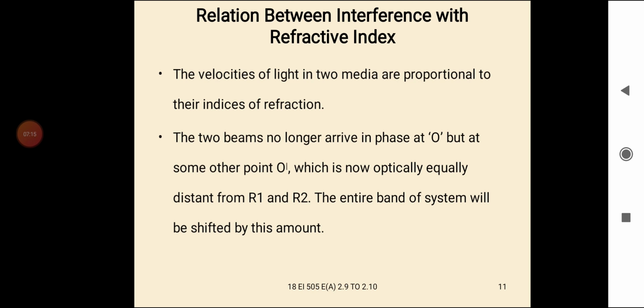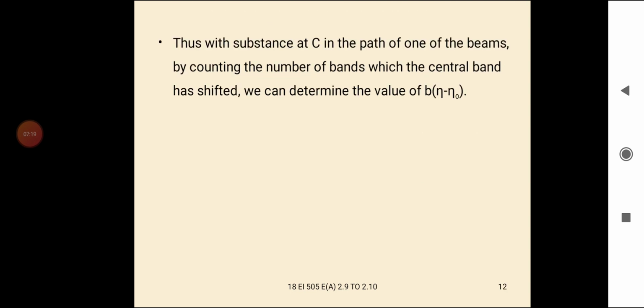The entire band system will be shifted. Thus, with the substance at C in the path of one of the beams, by counting the number of bands the central band has shifted, we can determine the value of B of eta minus eta naught.